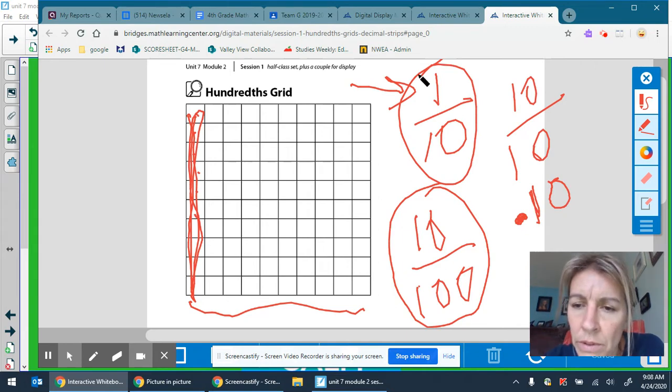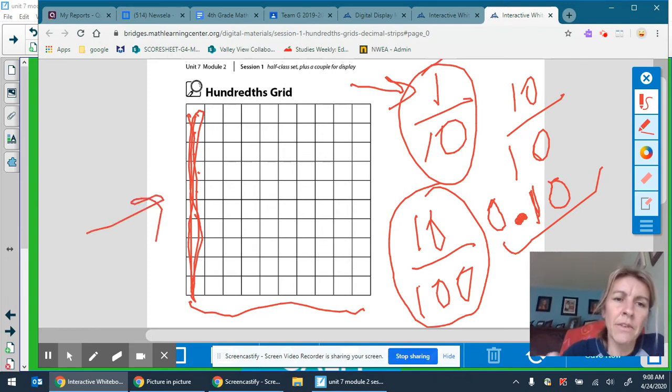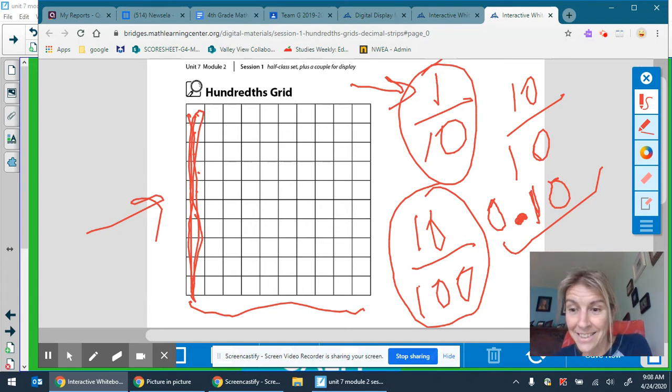Now we have no ones here, so we would just put a 0. If you look at this, this is how you'd write money. 0.10, 10 cents. Think of it as 1 dime or 10 pennies. So I just want to get that in your head before we start working through page 273.